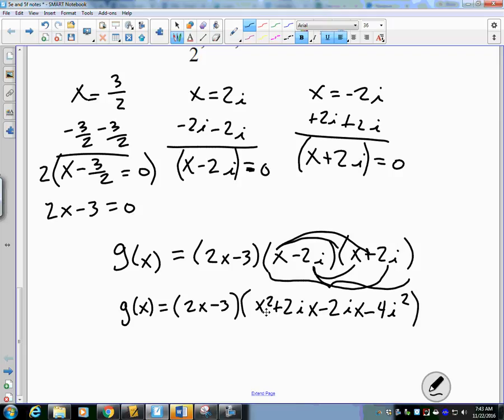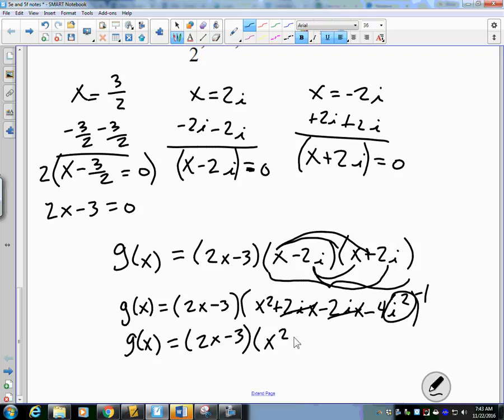So I'm going to simplify this a little bit more. So the next step, g of x equals 2x minus 3. Now we have x squared, 2ix minus 2ix. Those are going to equal 0. i squared, anytime you see an i squared, that is equivalent to negative 1. So we have negative 4 times negative 1 is a positive 4.